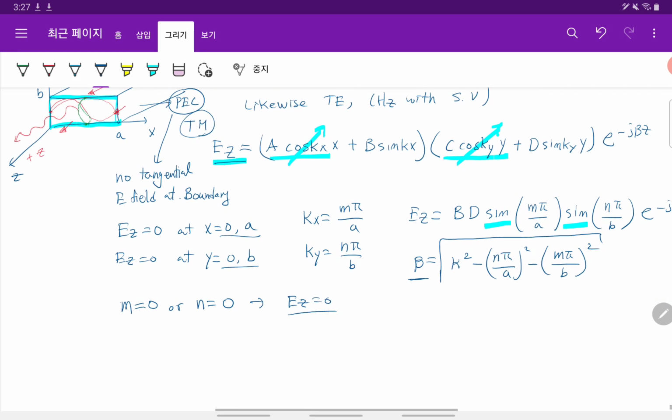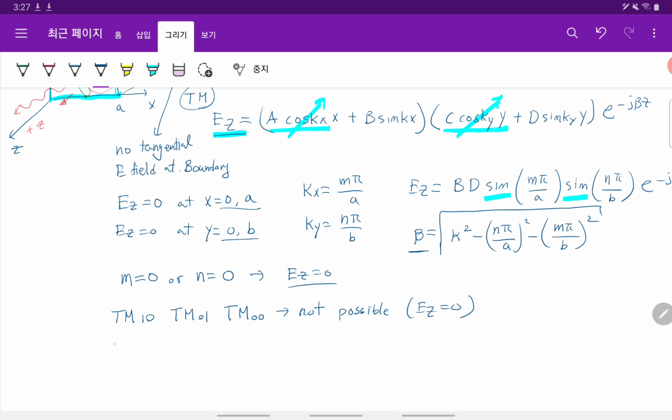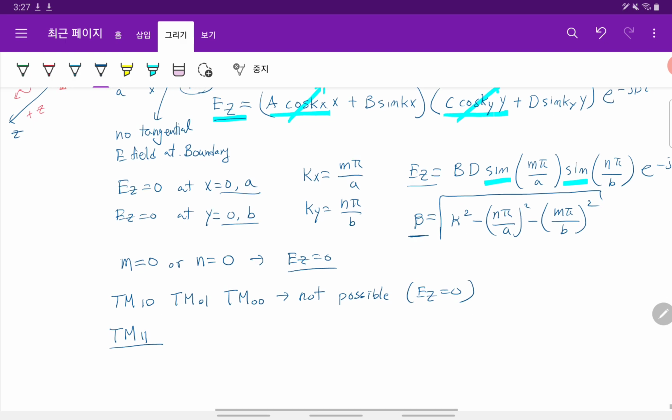So for the TM case, TM10, TM01, TM00 modes are not possible because Ez simply becomes 0. So the lowest mode can be TM11. At least m and n should be 1 to make Ez not 0.